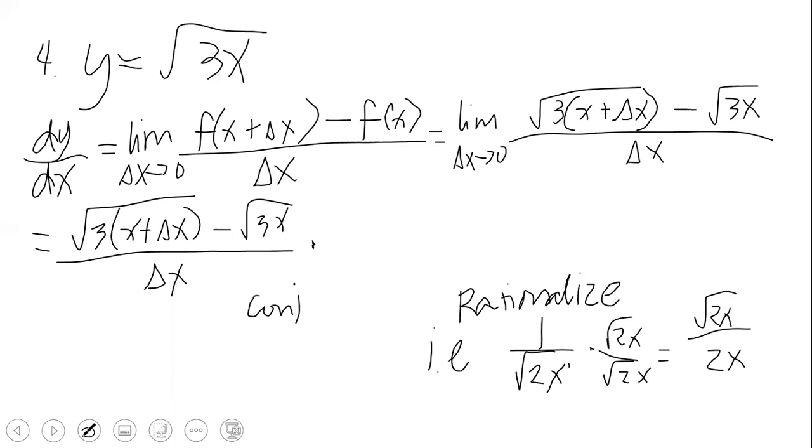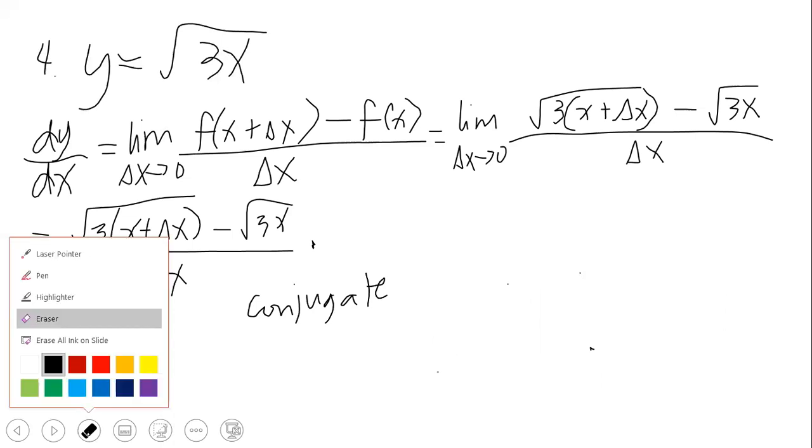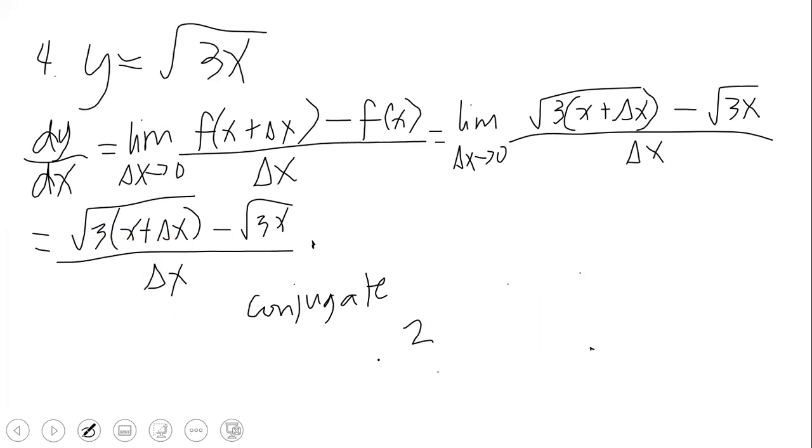When you say conjugate of the term, so kapag conjugate yung term, example is meron kang 2 over 2.